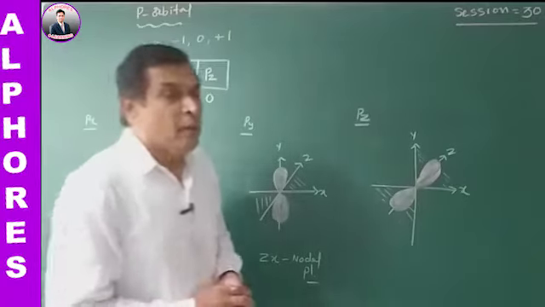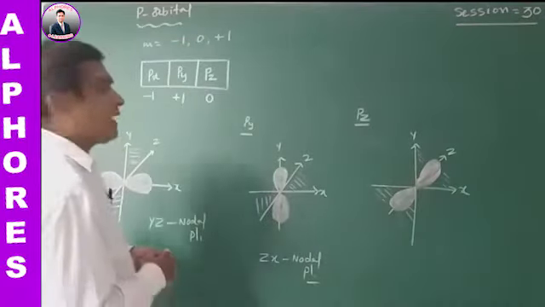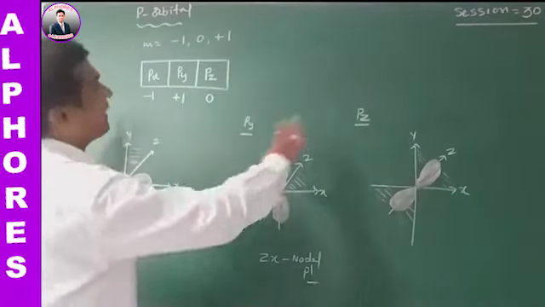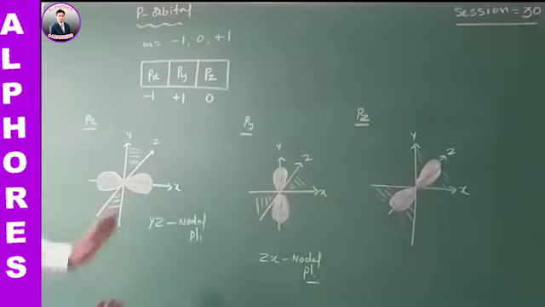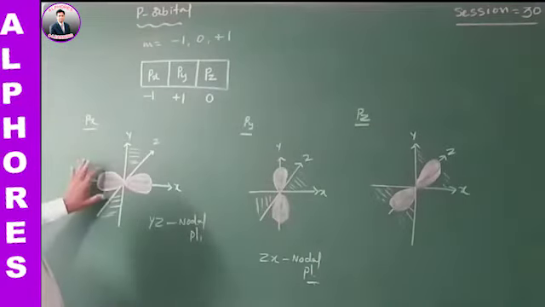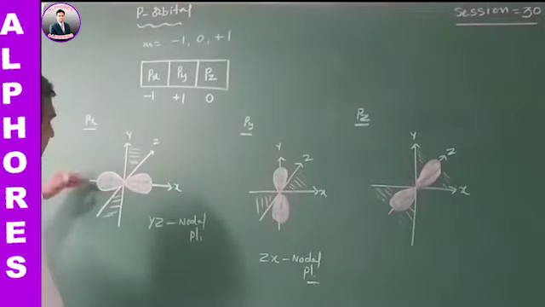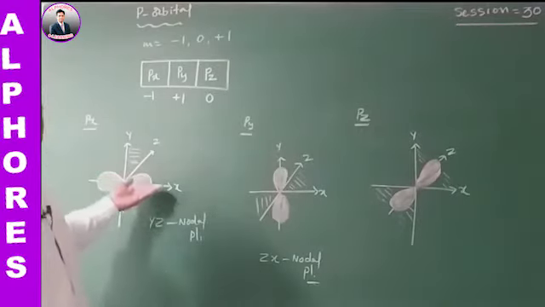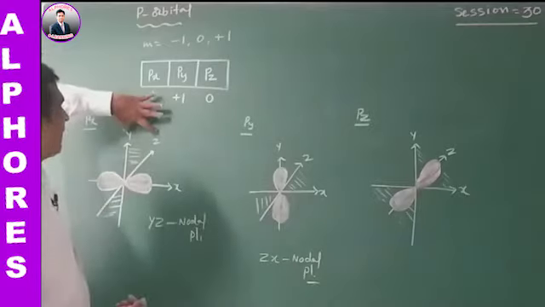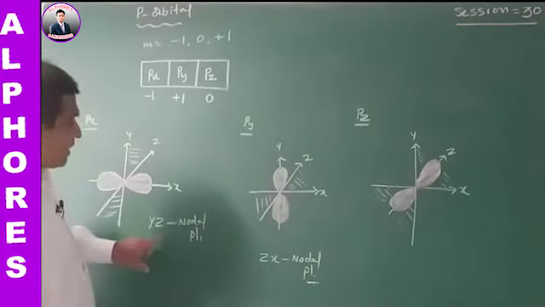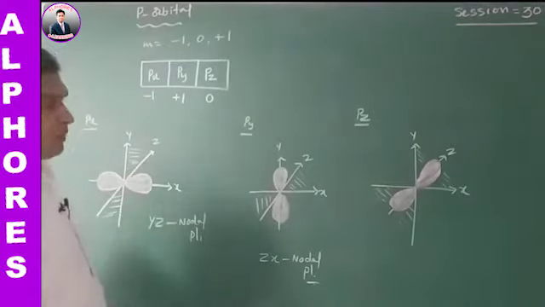Now for the 3 p orbitals, px, py, pz, the diagrammatic explanation is like this. In the px orbital, the 2 lobes are oriented along the x-axis, so the electron density is maximum along the x-axis. The yz plane is the nodal plane for the px orbital.